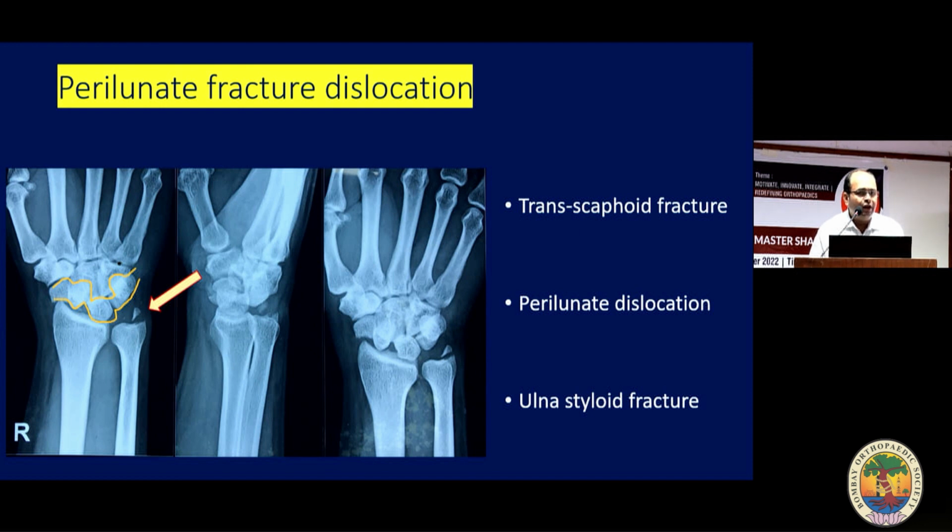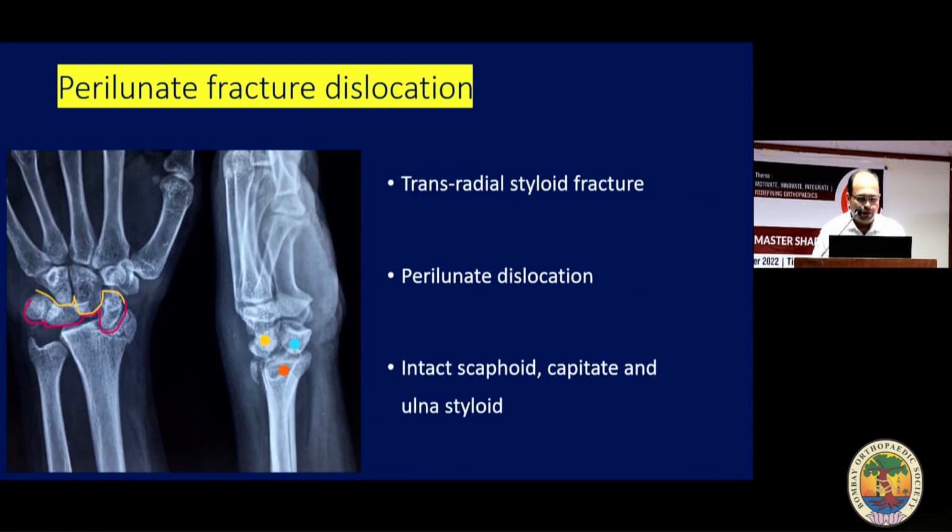The force has gone through the scaphoid, capitolunate, then perilunate, and then the ulnar styloid. This is how the force has travelled. This is the distal radius, lunate, and this is the capitate, so this is a perilunate dislocation.